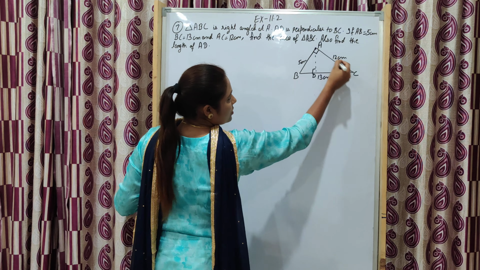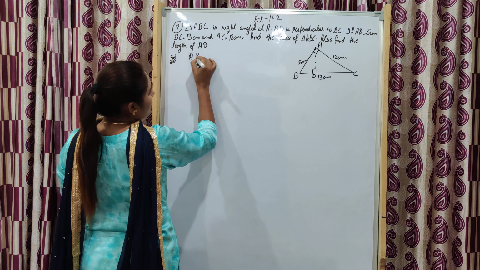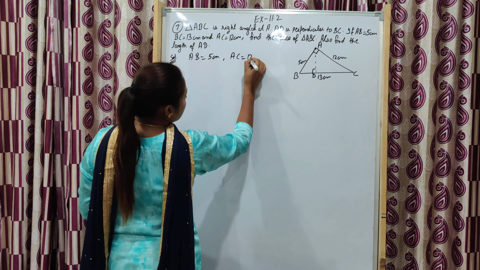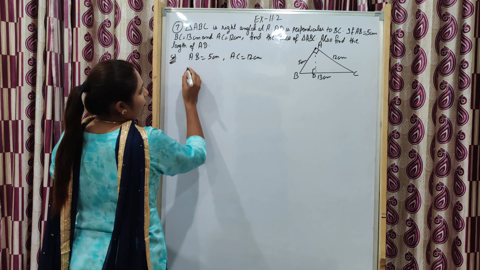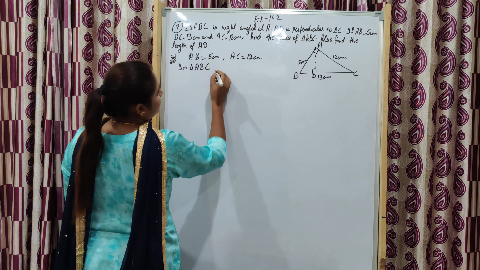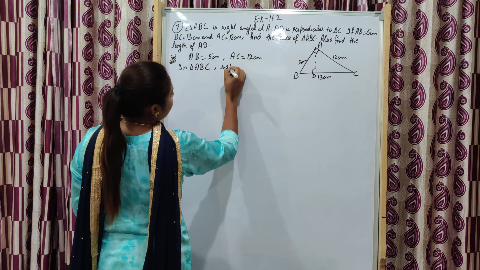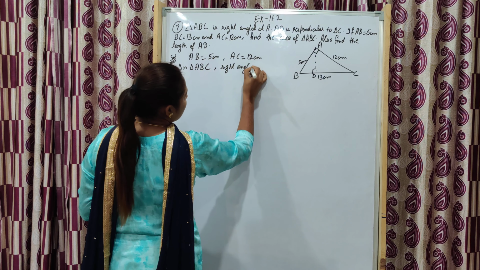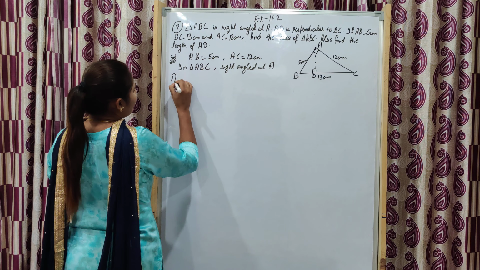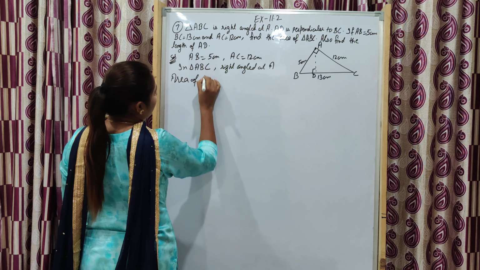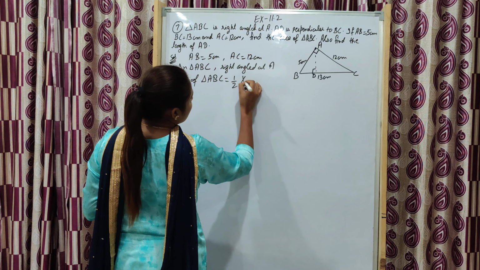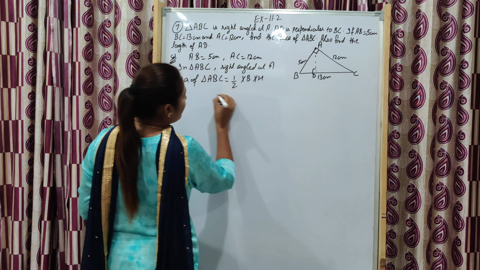So for the solution, first we will write given AB, that is 5 centimeter, AC 12 centimeter, and we will write in triangle ABC, right angle at A. So area of triangle ABC, which is right angle at A, is half into base into height, that you already know.